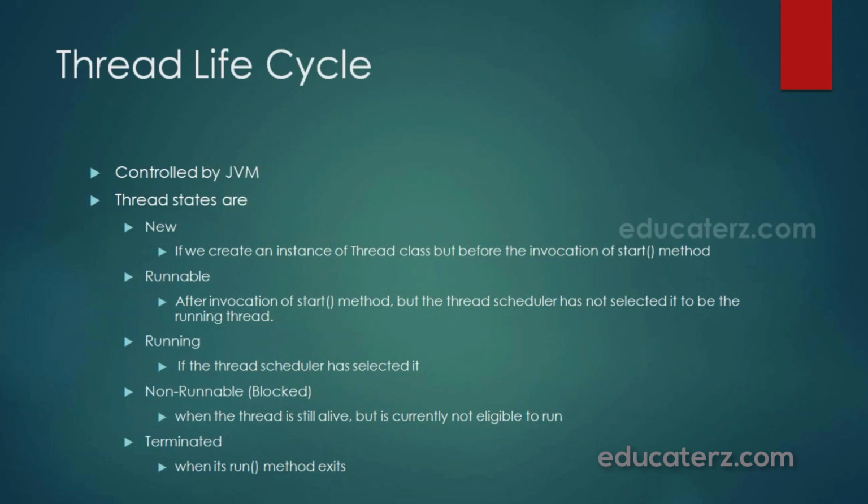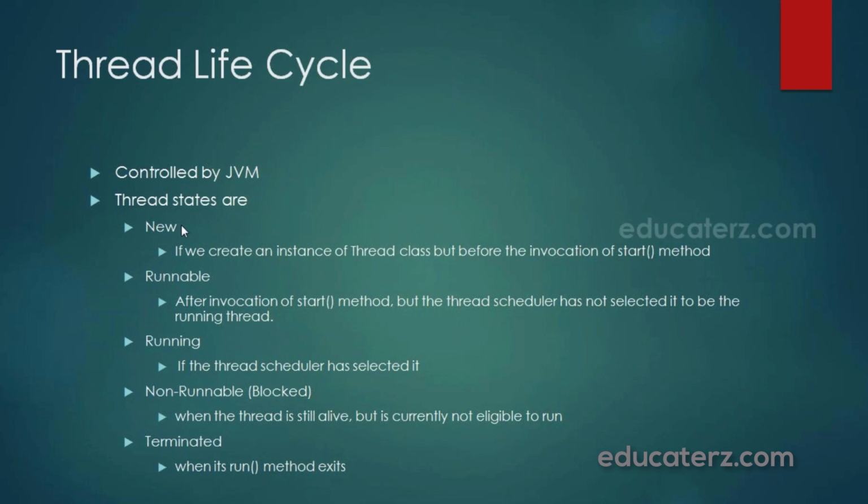There are basically 4 life cycle states called new, runnable, non-runnable and terminated. But to have a better understanding, we have divided the states into 5. So running is another state.